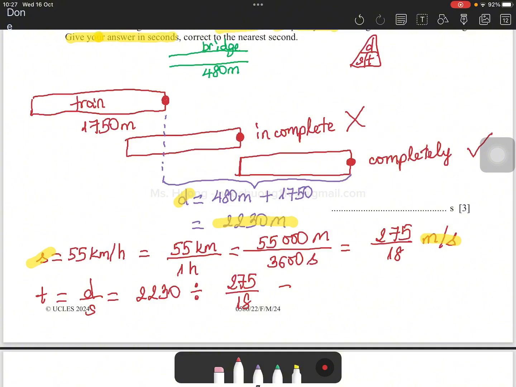And the final answer is 146 seconds when we round it to the nearest second. Remember the question asks you to round it to the nearest second. So we say that the answer is 146 seconds.